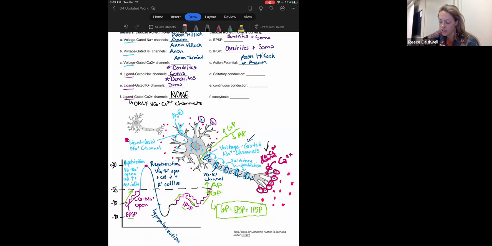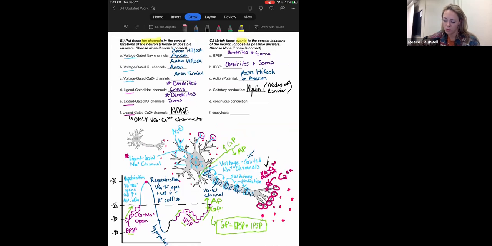Saltatory conduction occurs in between the myelin sheath. If you were using the lettering from above, we'd say myelin, but specifically those nodes of Ranvier, those spaces in between the myelin cells. Continuous conduction in this example occurs nowhere, because this is a myelinated axon.